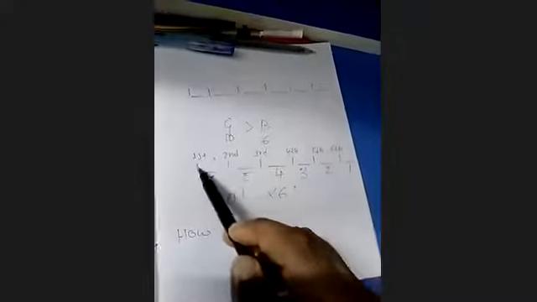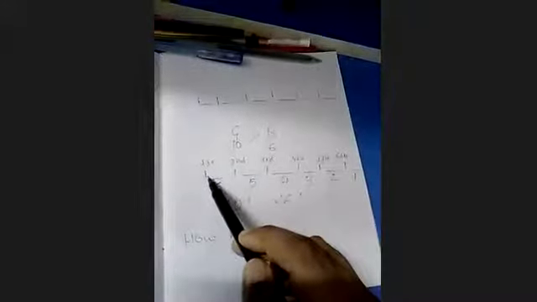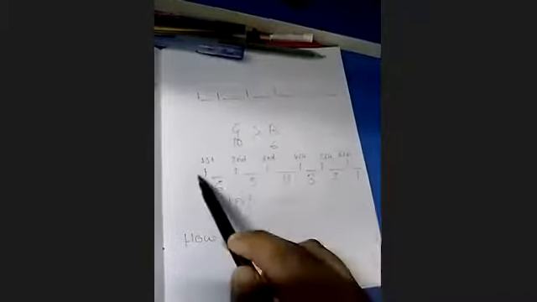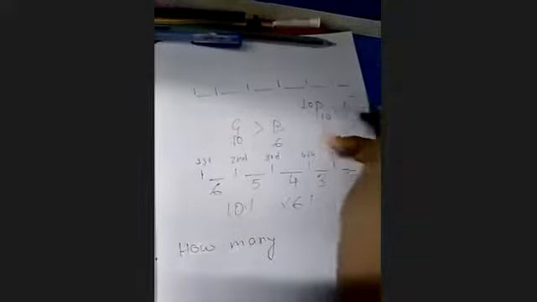Instead of the first girl here, you could also place the third girl here and the first girl there. So there are exactly 10 factorial permutations. I told it yesterday, that is 10p10, and 10p10 is nothing but 10 factorial.